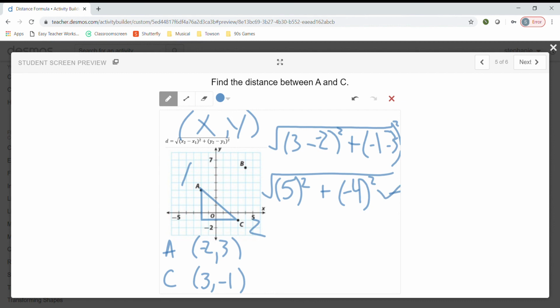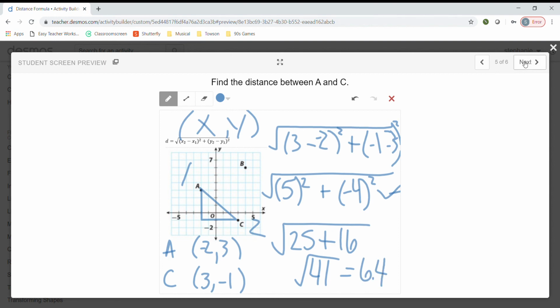Check plus. All right, so 5 squared, 5 times 5 is 25. Negative 4 times negative 4 is 16. 25 plus 16 is going to be 41. I take the square root of 41 and I get 6.4.